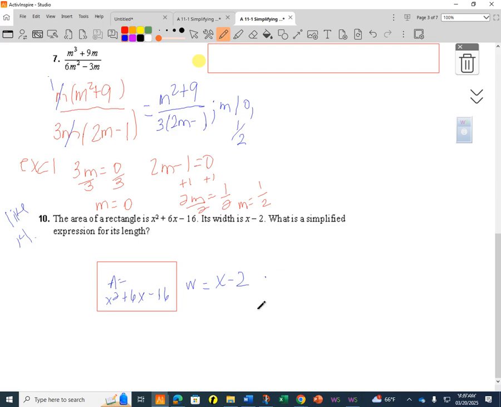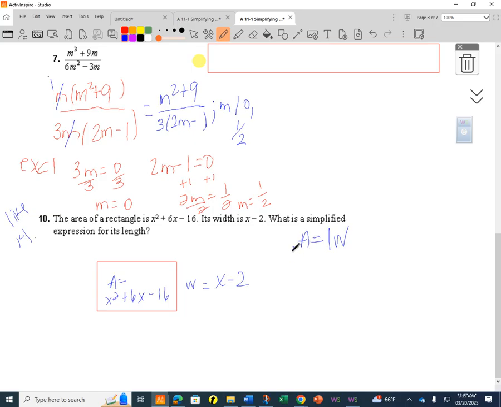They're asking us to find the length of this rectangle. So the formula for the area of a rectangle is what? Anybody remember? Length times width.